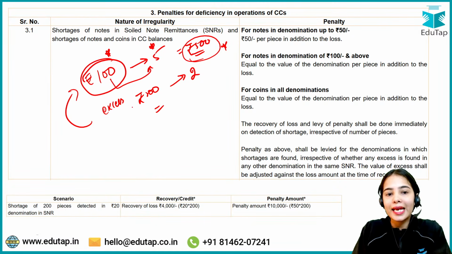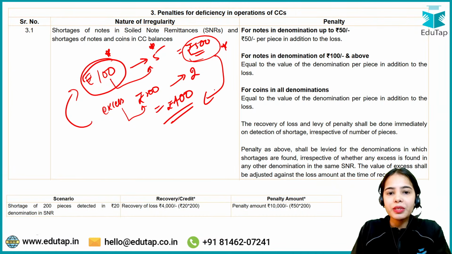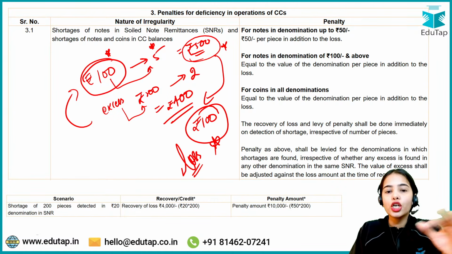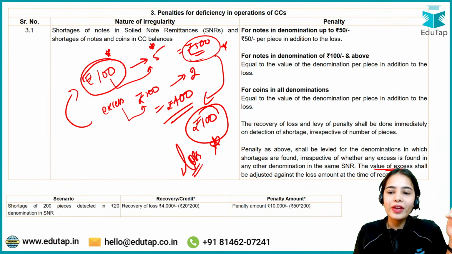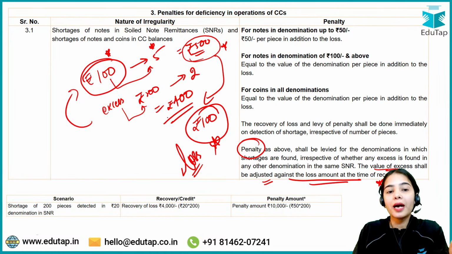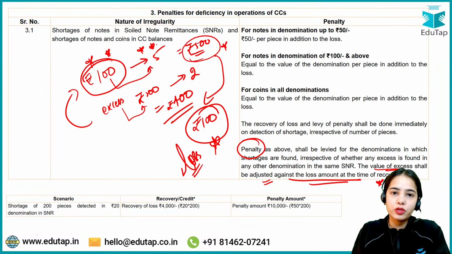The 200 rupee notes are in excess by 2, so that means 400 rupees is in excess. So the loss is somewhat recovered, and only 100 rupees is the actual loss that has happened. So the value of excess shall be adjusted against the loss amount at the time of recovery, but the penalty will be applied on all the notes that have been in shortage.